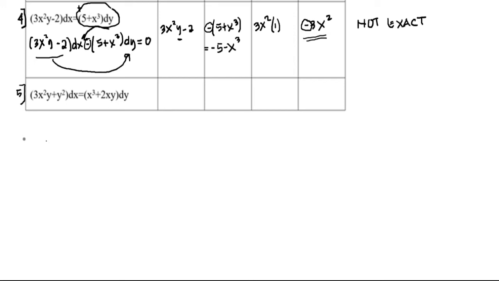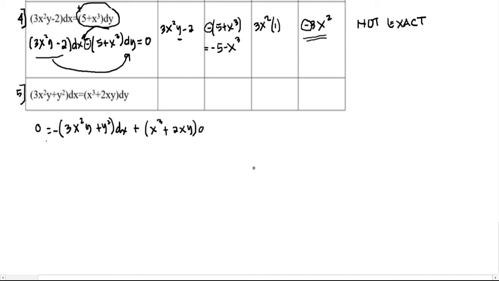is our first term. So, I'm now going to transpose the dx term to the right side. We have here 3x squared y plus y squared dx, and take note the sign here is negative, then plus x cubed plus 2xy dy.